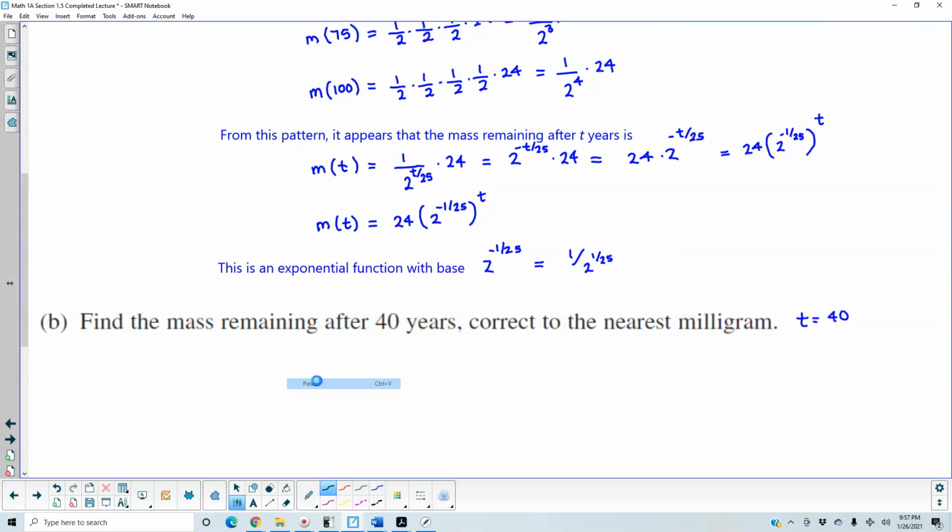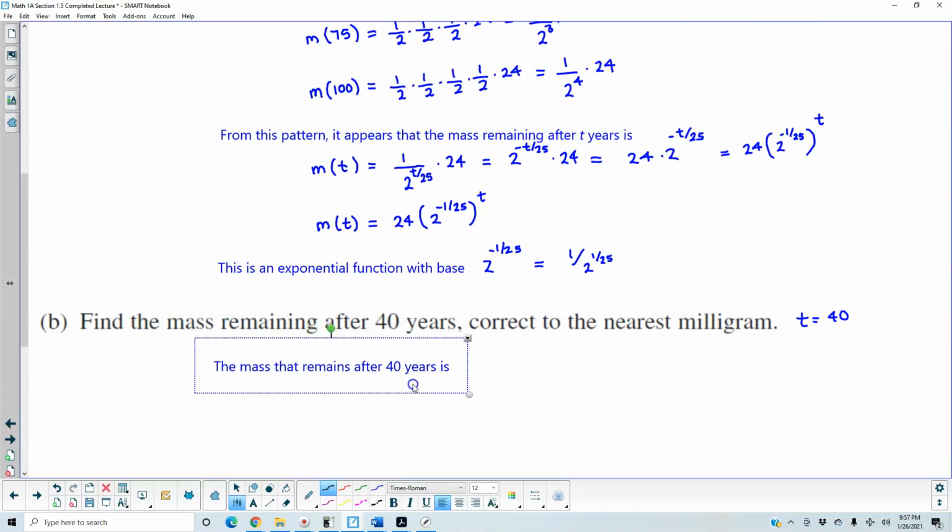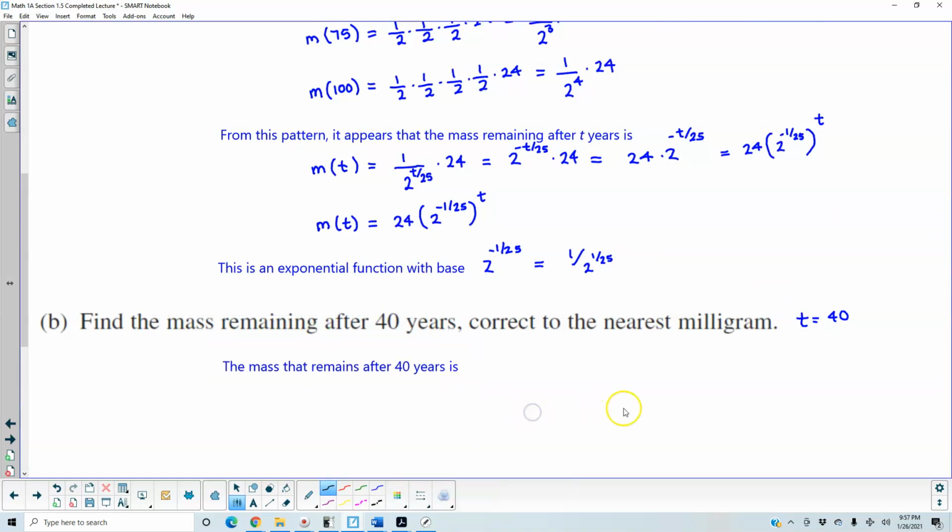We're going to plug that into the function M of t, which is equal to 24 times 2 to the negative 1 over 25, to the power of t.